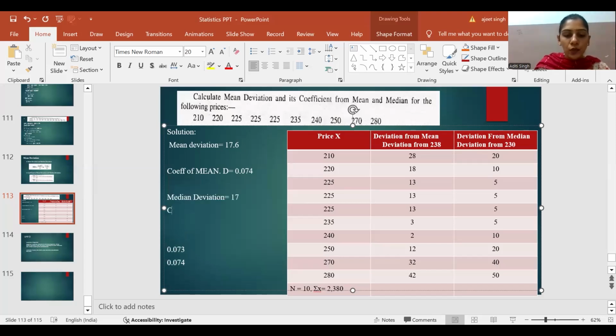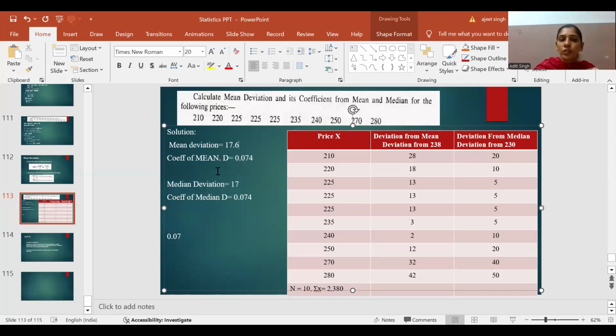And the coefficient of median deviation is equal to 0.074. Okay, so these are the values of mean deviation, coefficient of mean deviation, median deviation, and coefficient of median deviation. So this is how we calculate the mean deviation and coefficient of median deviation. I hope you understand this.